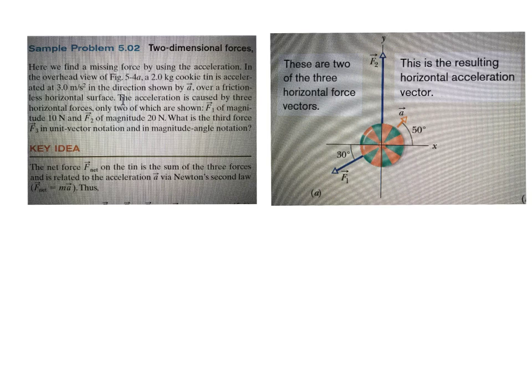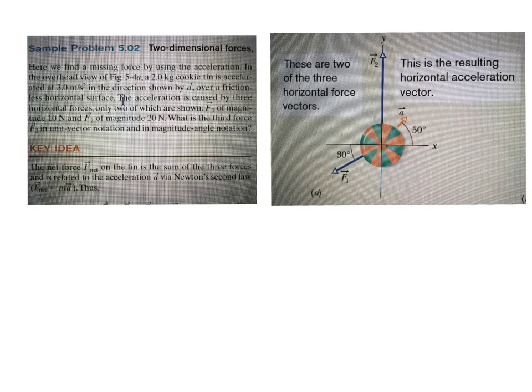Okay. In the overhead view we're seeing here, the cookie tin with a mass of 2 kilograms is accelerated at 3 meters per second squared in the direction shown by vector A. So it's at an angle, right? The acceleration is at an angle, over a frictionless horizontal surface, so on a plane. The acceleration is caused by 3 horizontal forces, only 2 of which are shown.